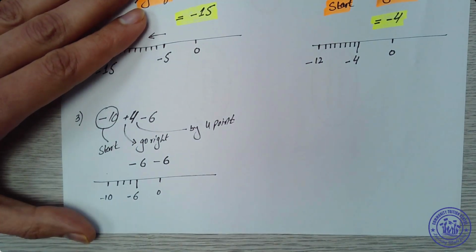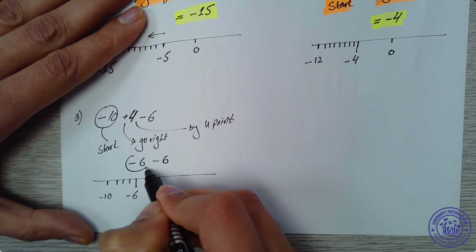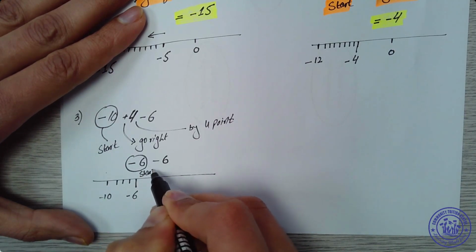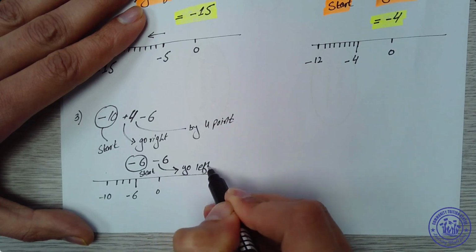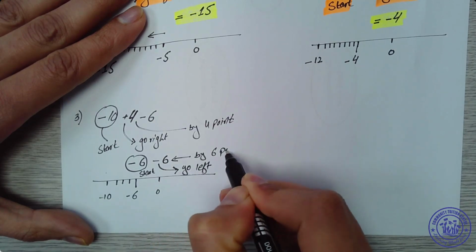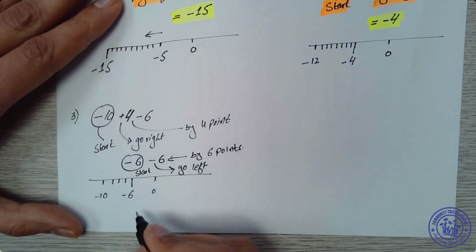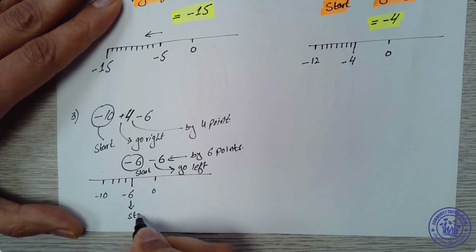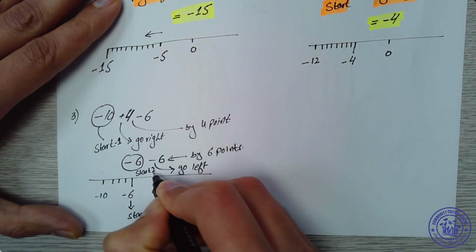Now I need to do the same thing that I did here. This is my start, right? This is telling me go left, and this is by 6 points. So this is start 1, this is start 2.